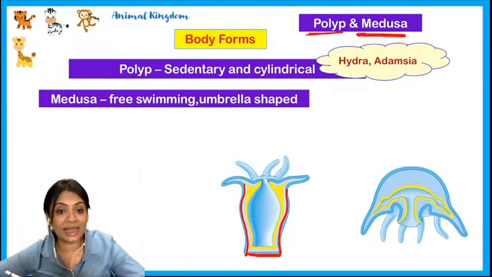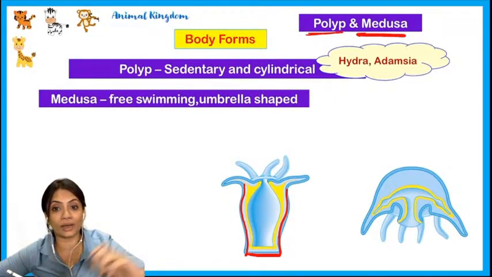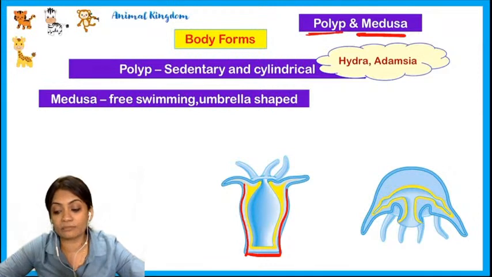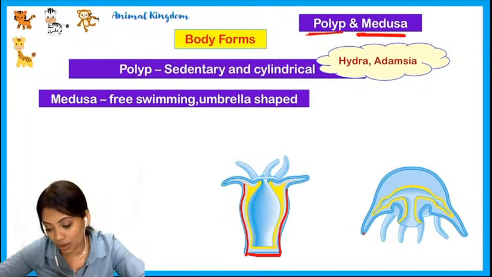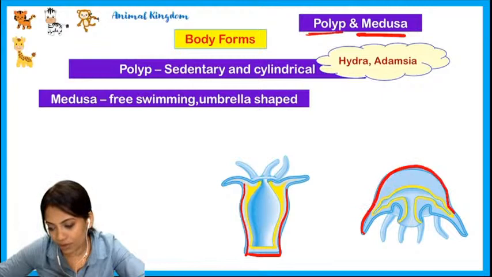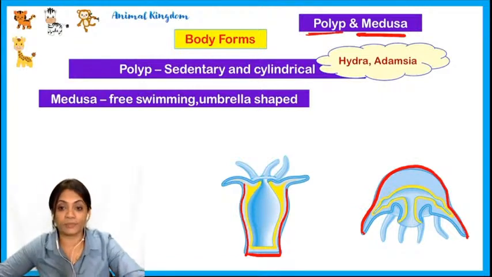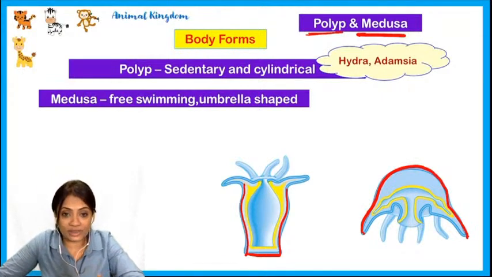Then coming next to the freely flowing one. Okay, the next body form which is medusa. In this medusa we see that it is a freely swimming, and look at the shape of it. Can you see how this is of an umbrella shape? Okay, can you see how this is umbrella shaped one? And you can see how the difference is lying. One is a cylindrical shape and the second one being an umbrella shape.